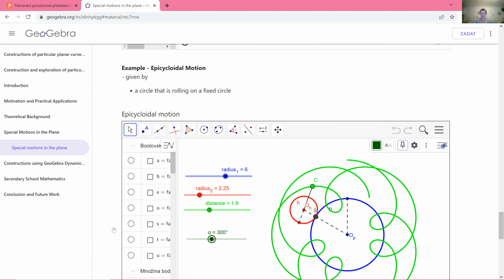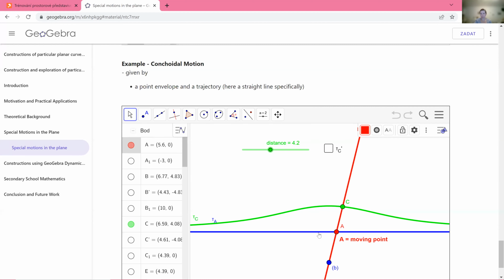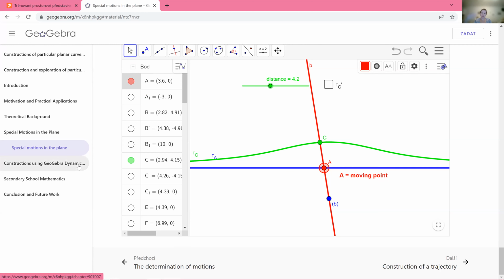So this is it. And finally, conchoidal motion, where a point, an envelope and a trajectory are given. You can see here that a straight line is a trajectory of some point, and this line is going through a point, and we can see the trajectory of point C.